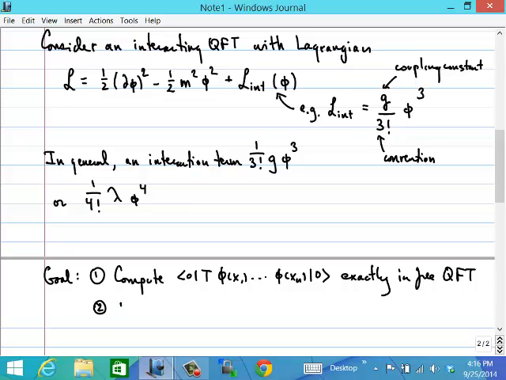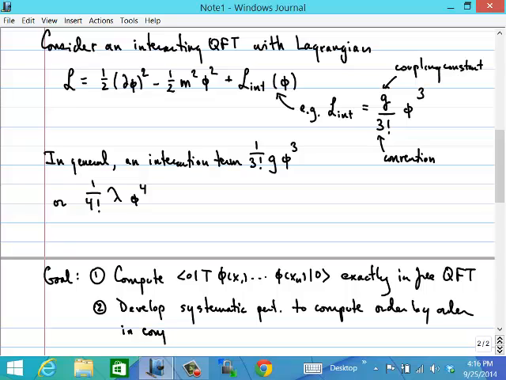And what we want to do then, after that, is develop a systematic perturbation theory to compute these quantities order by order in the coupling constants in an interacting quantum field theory.